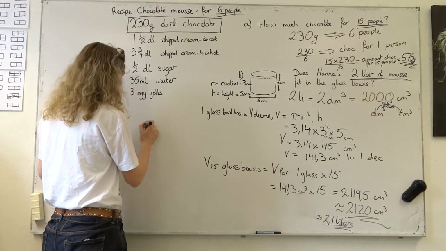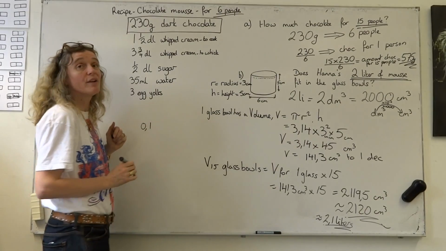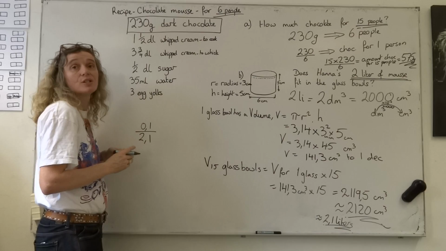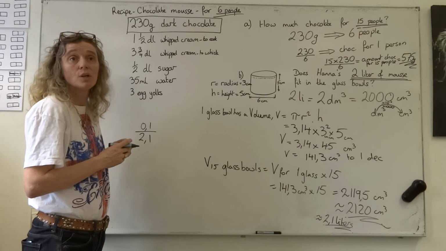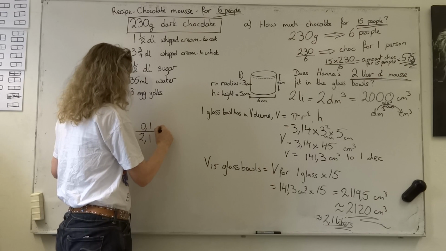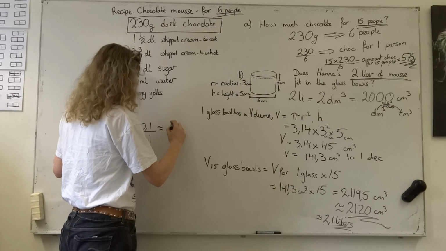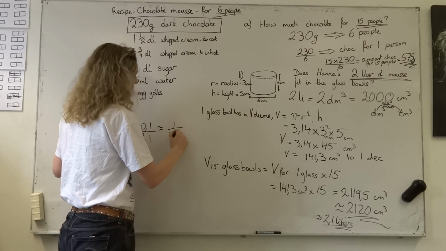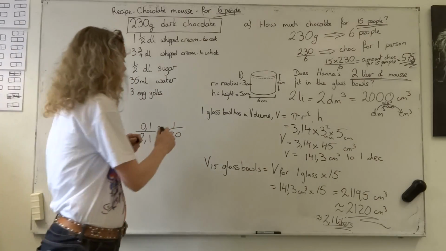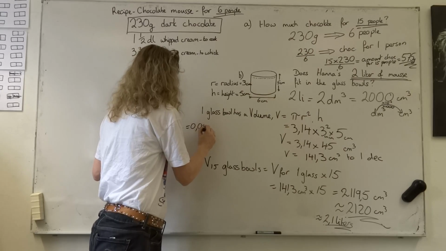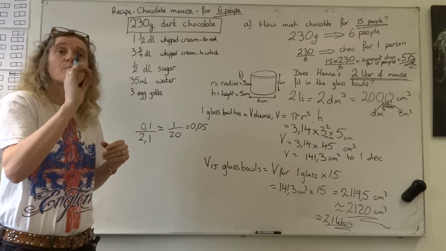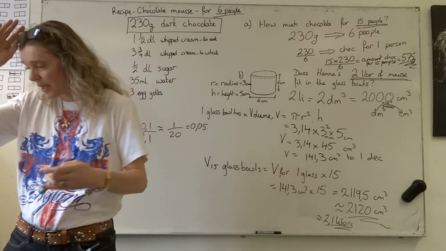Well, she's got 0.1 of a litre more out of the 2.1 she's got in her total volume. So if we were to convert that to a percentage, we'd get approximately 1/20th, which is only 0.05, which is about 5%. So she's going to get about 5% space left at the top of her glasses.